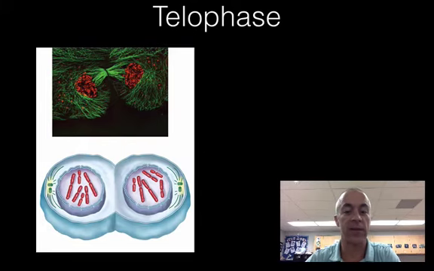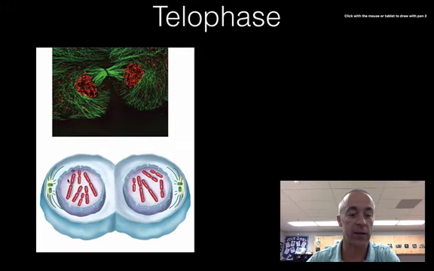And then the last phase of mitosis is telophase, and this is where now you're starting to see the nucleus forming over here and a new nucleus forming over here. Notice we're still one big cell. A lot of people have a misconception about this, but at this point, mitosis is over. Cell division has not finished, though.